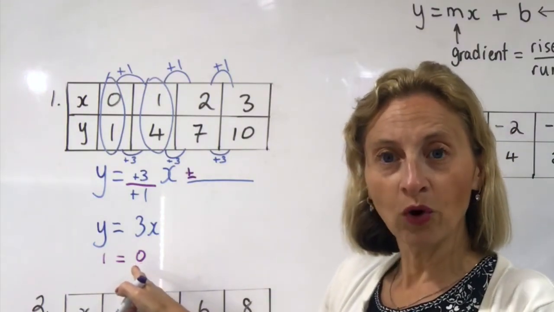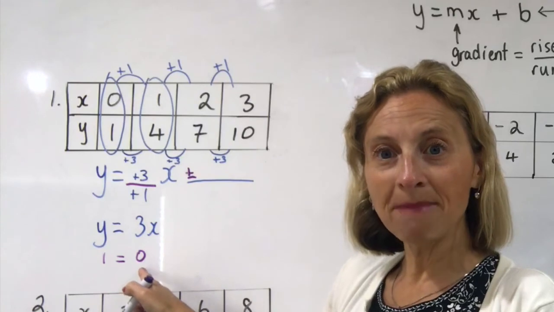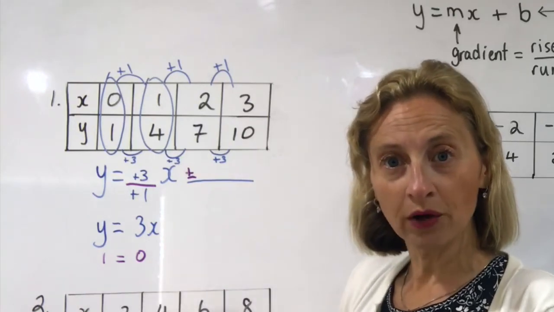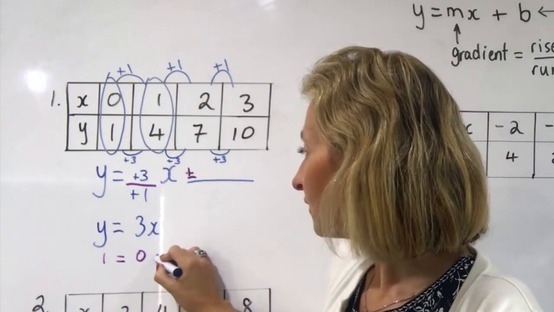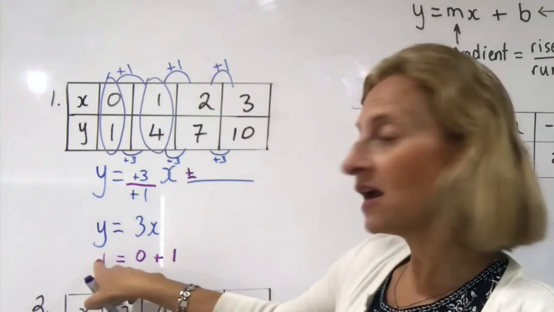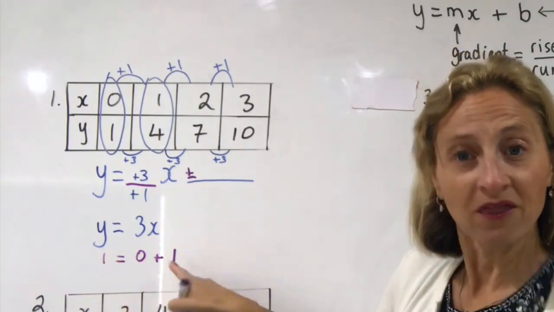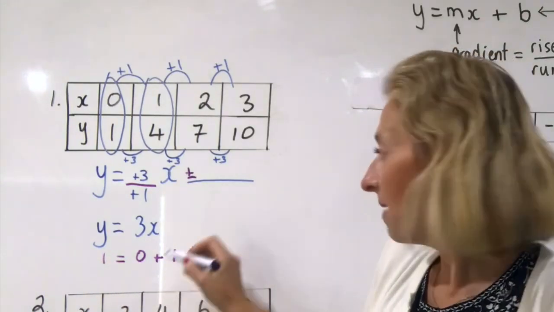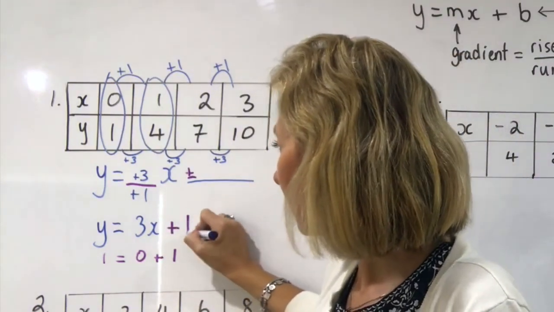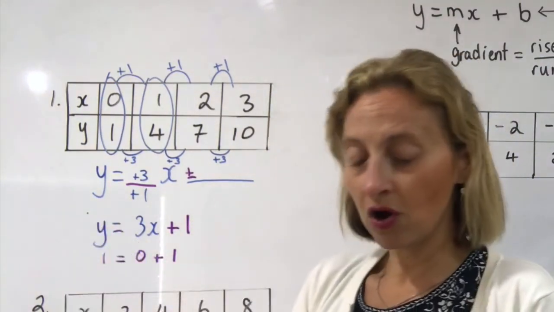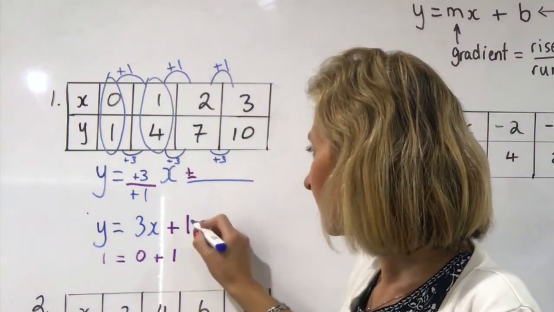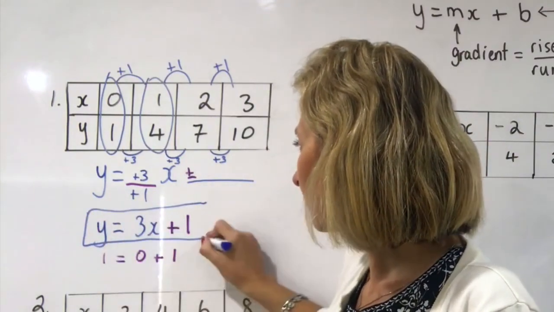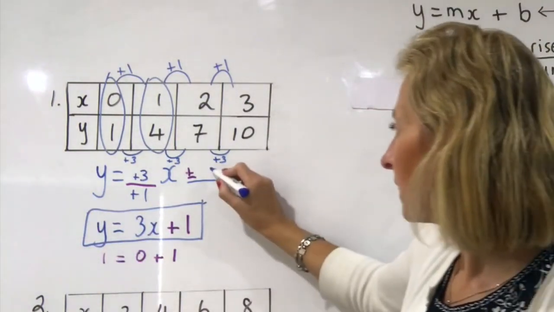I need to think, what do I need to do to make this equation work? I need to add 1. If I say 1 equals 0 plus 1, that works. That means that I need a plus 1 there. And that's the equation of my line. Plus 1.